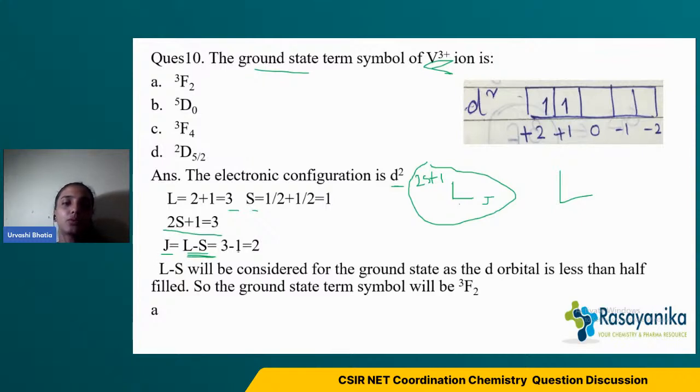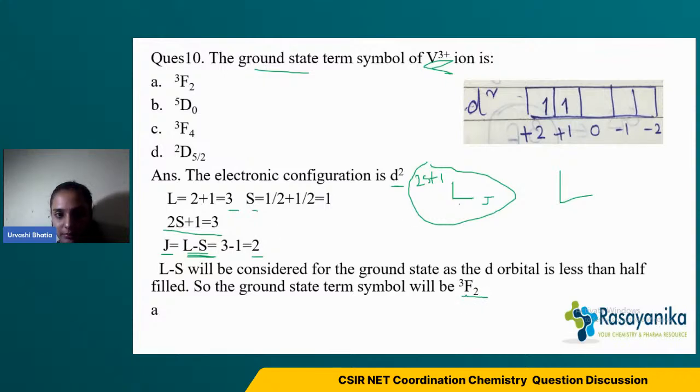So L minus S, 3 minus 1, we will get 2. So L minus S is considered for the ground state as the d orbital is less than half filled. So the ground state term symbol will be 3F2.